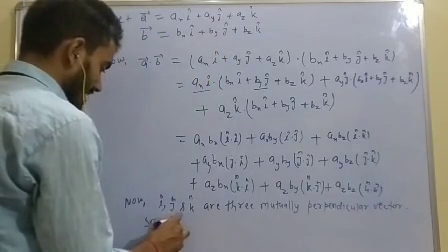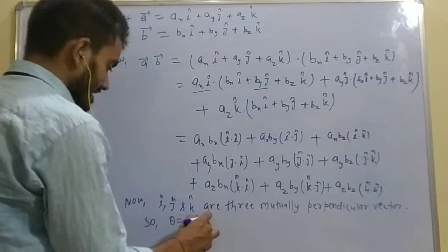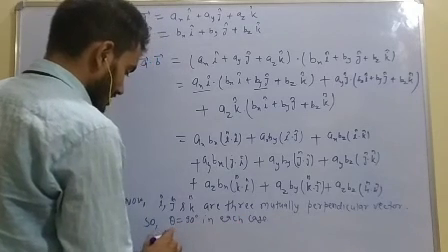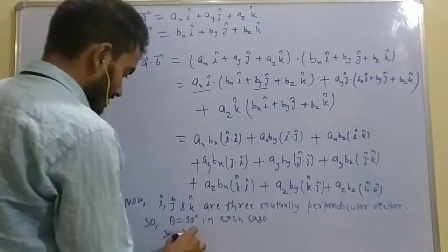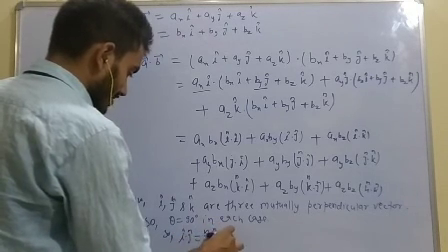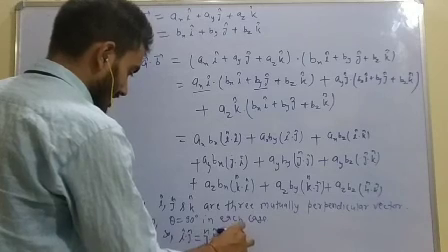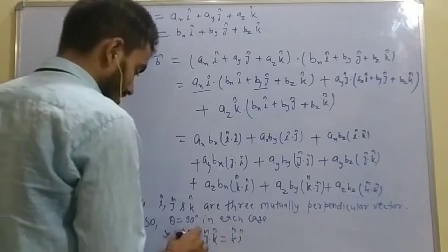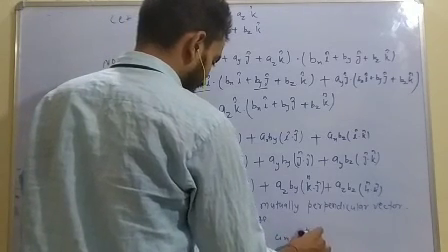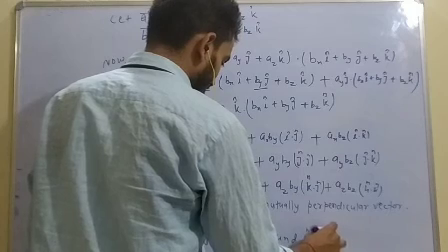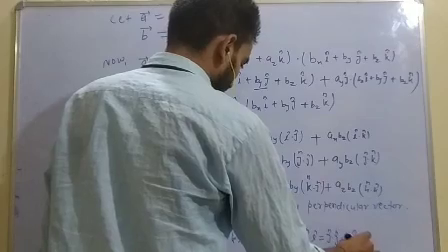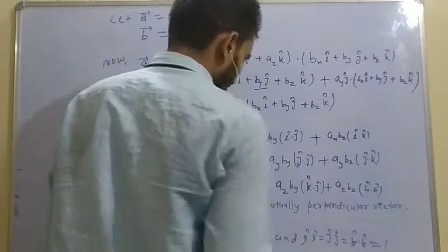So theta equal to 90 degrees in each case. So i dot j equal to j dot k equal to k dot i equal to 0, and i dot i equal to j dot j equal to k dot k equal to 1.